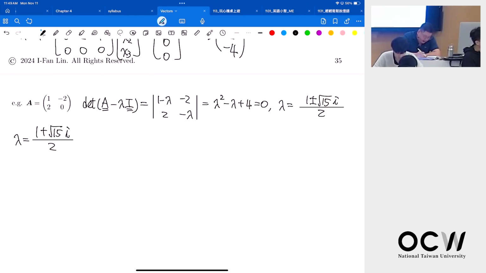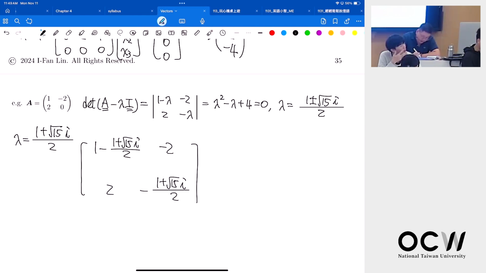Now, A minus lambda I times the x should be 0. 1 minus (1 plus square root of 15i divided by 2), 2, minus 2, and here's minus (1 plus square root of 15i divided by 2), times x1, x2.